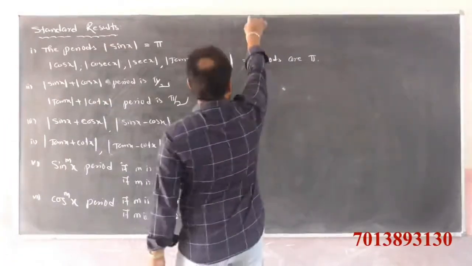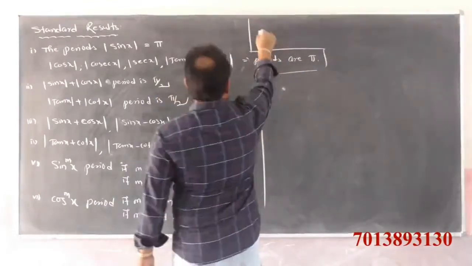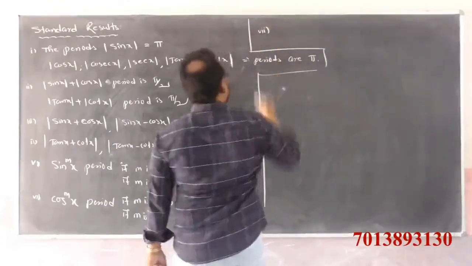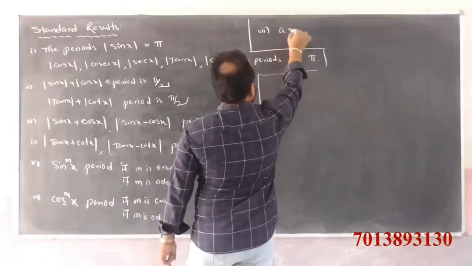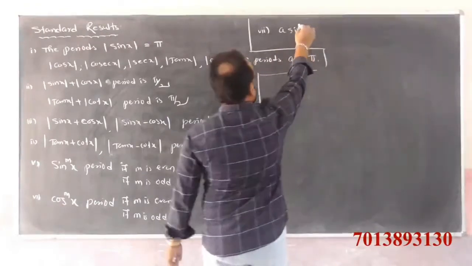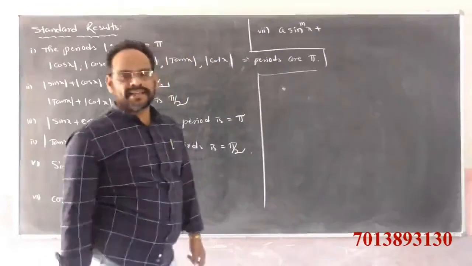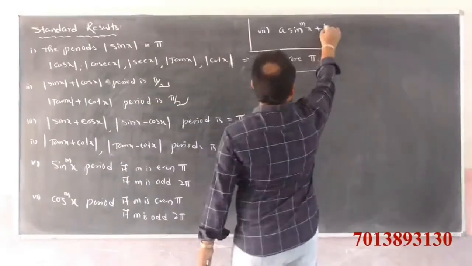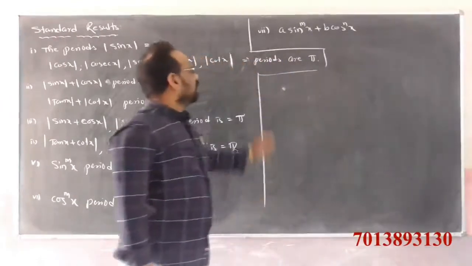Next, seventh one, that is a sin power mx plus b cos power nx. We want period.